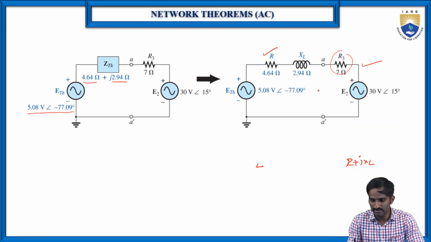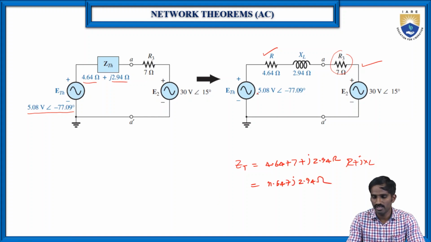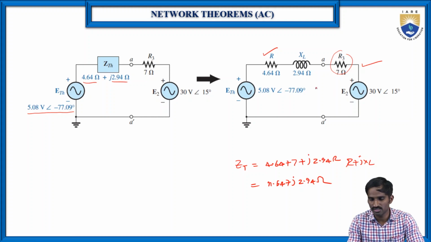Z total is 4.64 plus 7 plus j2.94 ohms, so this will become 11.64 plus j2.94 ohms. Now add these two voltage sources also, because they are in series.